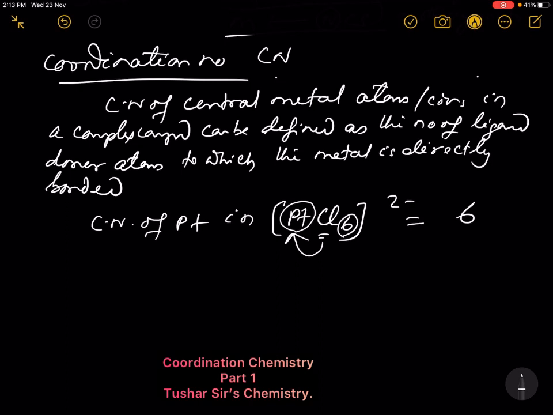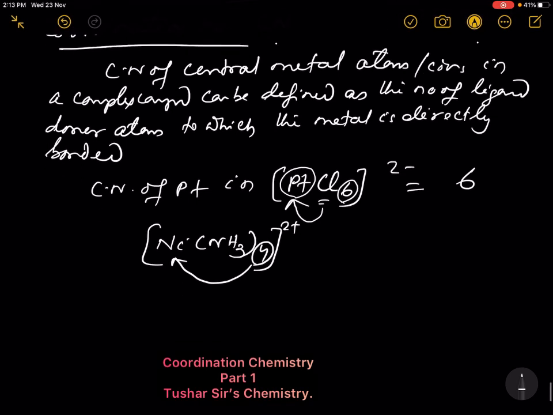In [Ni(NH3)4]2+, the coordination number of nickel is equal to 4. Here you see ammonia and Cl minus are unidentate ligands. So the number of unidentate ligands is equal to the coordination number.